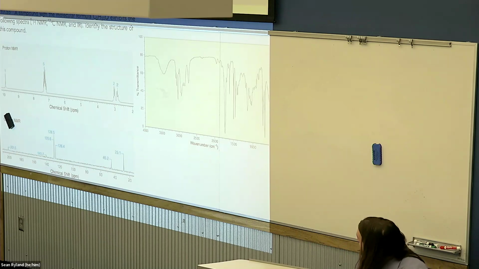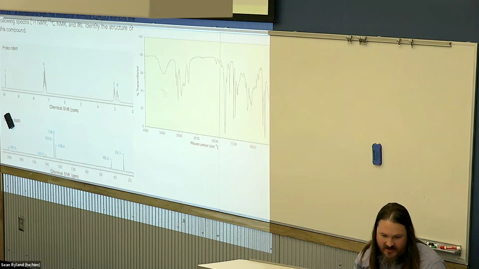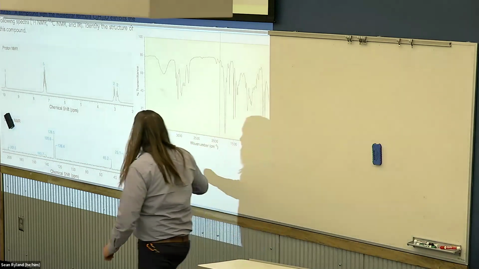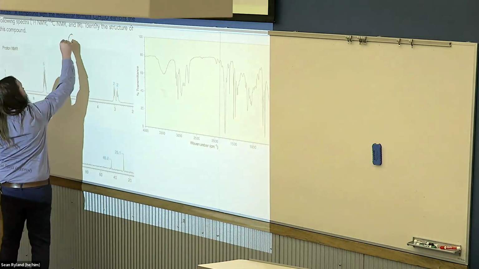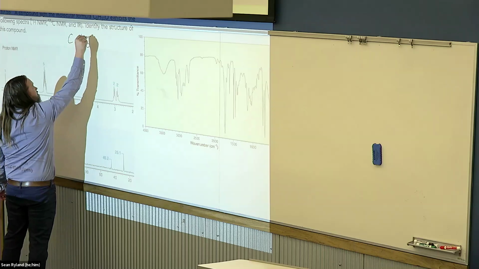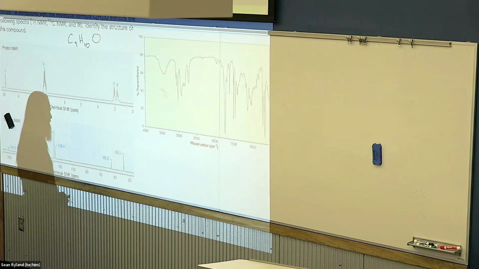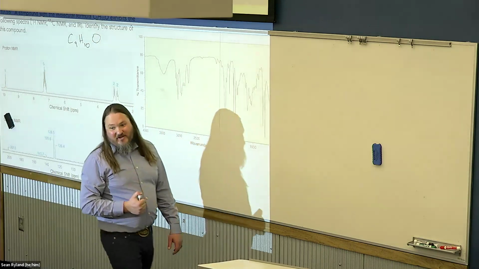All right, and the formula, can't really see it, is C9H10O. It's aromatic, because we've just been talking about aromatics.